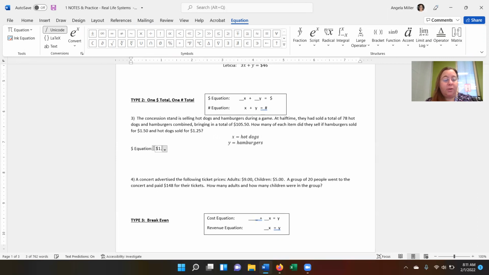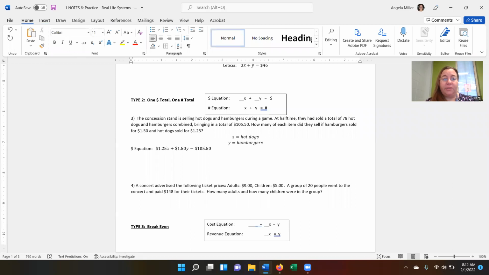So $1.25 of hot dogs, right? So that's x plus $1.50 for hamburgers, y, equals the total amount that was brought in, or the total amount of money that was made, which was $105.50. Perfect. So there is our money equation.